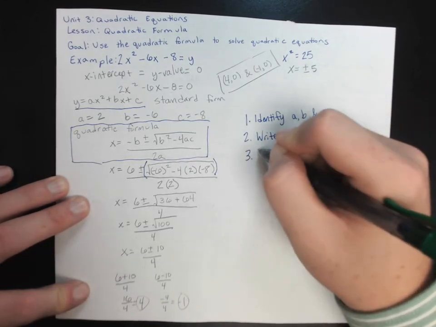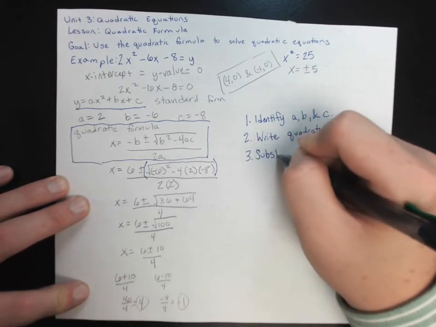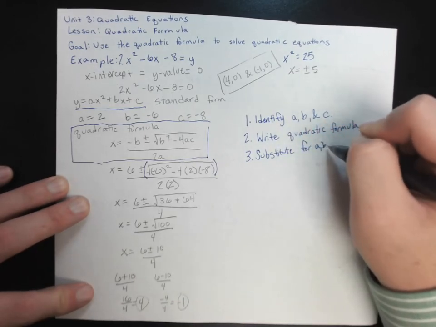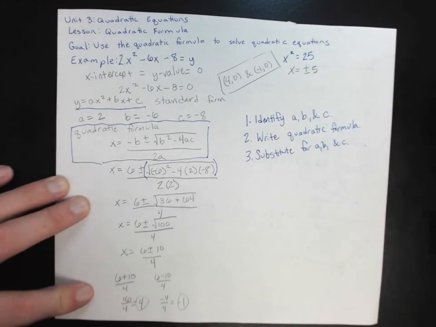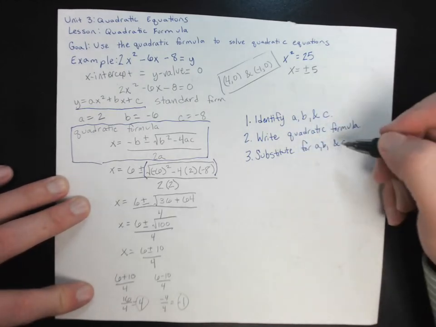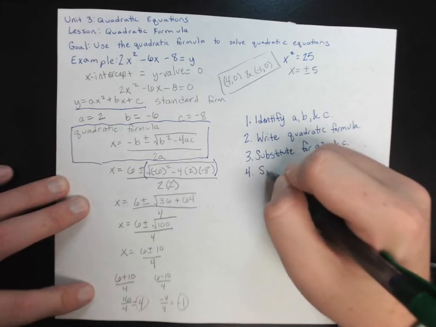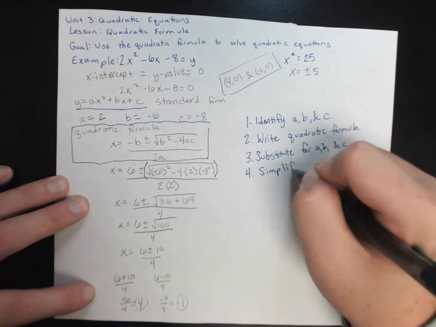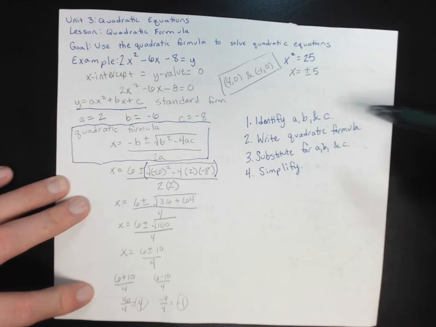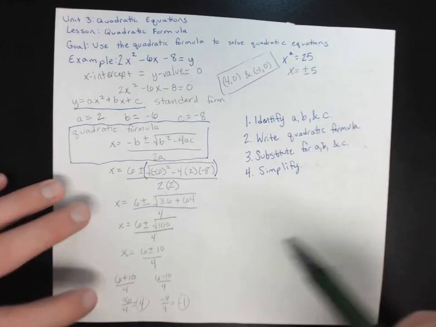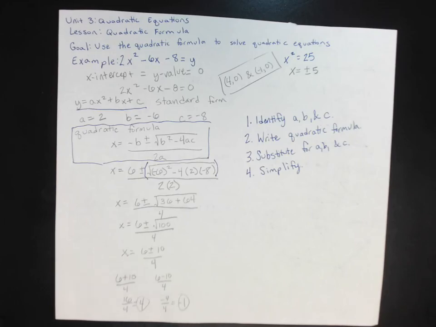Number 3, substitute for A, B, and C. And remember, by substitute, I really mean plug it in. You've got all three of them, plug them in. Step 4 is just to simplify. So, not so bad when you think about it that way. The tricky part is simplifying, but y'all can do that with a little patience and a little perseverance.